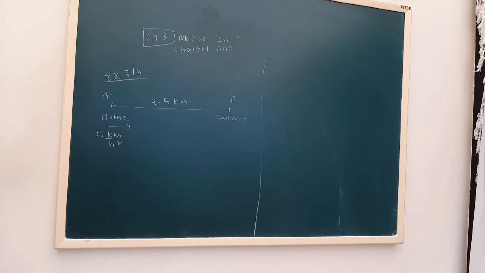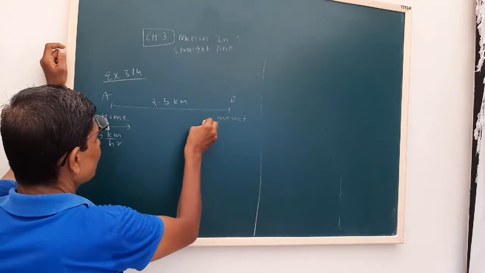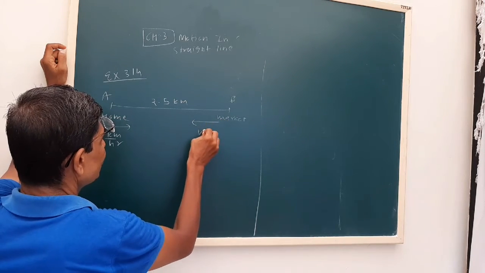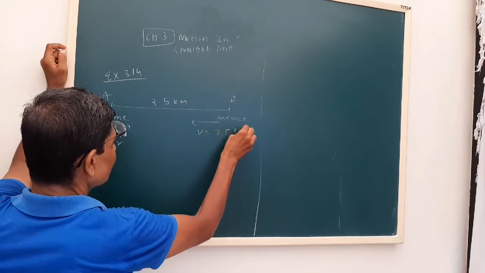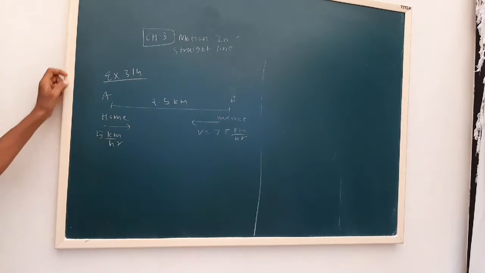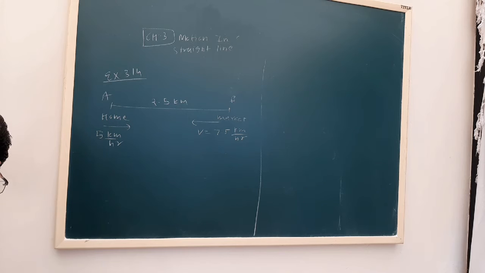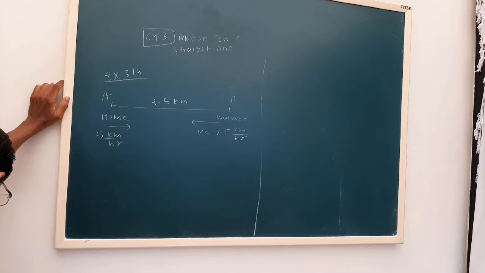But when he reaches there, the market is closed and he comes back with a speed of 7.5 kilometer per hour. Now we have to find out a number of things. What is the magnitude of average velocity in the time interval?